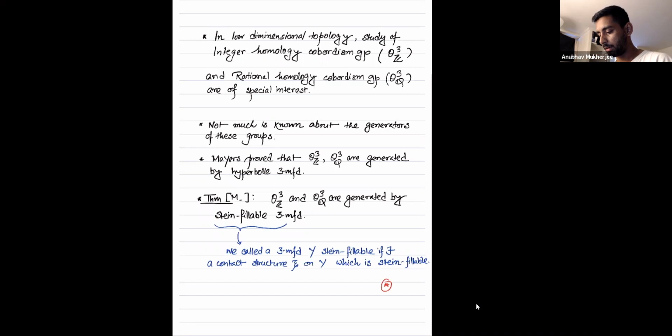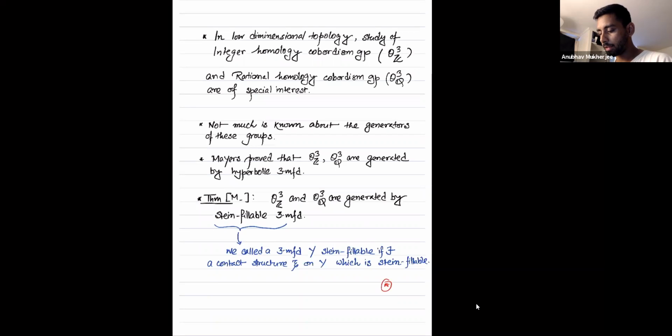In particular, I think this was first proven by Lisca that there exist 3-manifolds which are not Stein fillable, and later Etnyre and Honda improved this and proved that there exist in fact 3-manifolds which have no tight contact structure. If it is a Stein fillable 3-manifold, then the associated contact structure is actually a tight contact structure.